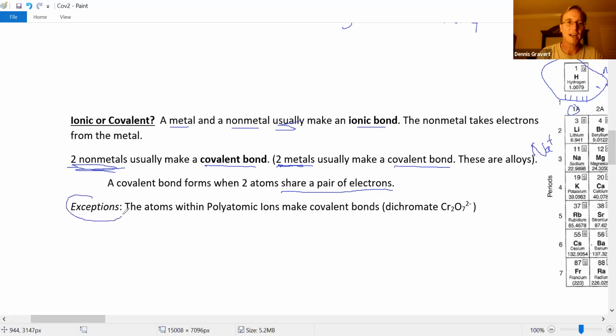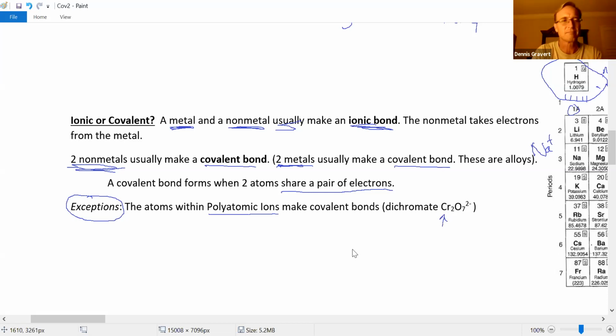Chemistry, why? We have all these rules and guidelines, and we also have exceptions. Okay, so the big exception to the pattern that usually a metal atom with a non-metal should be ionic are those polyatomic ions. Another reason why we need to memorize them. So for example, one of the polyatomics that you need to memorize is dichromate. It's got chromium.